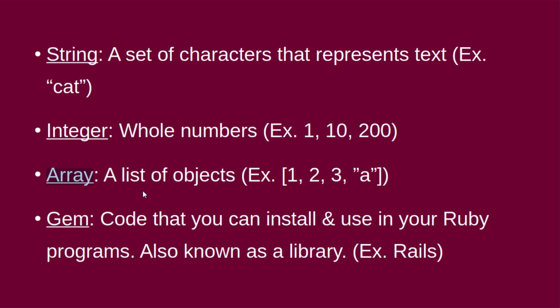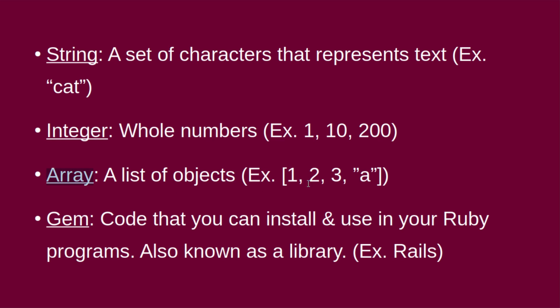Then we have arrays. And arrays are lists of objects. And it can be a mixed list. So we can have integers like 1, 2, 3, 4, 5, 1 million, 10 million, 0, all of the numbers. But you can also have strings and other things. So an array is a list of objects.